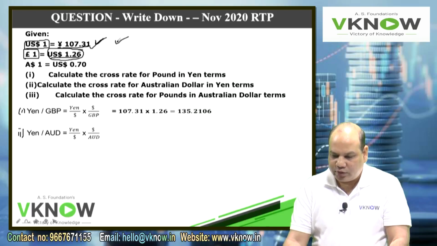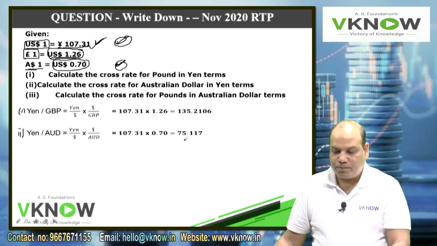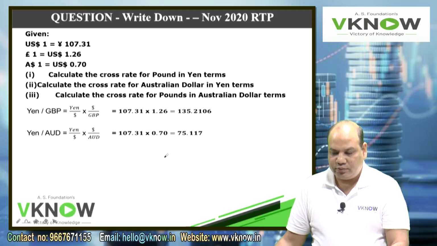Yen per dollar is given here, and US dollar per Australian dollar is given here, 0.70 per Australian dollar. So you just need to multiply the first and this third one, and you will get the answer. So write down 107.31 into 0.70 is equal to 75.117 yen per Australian dollar.